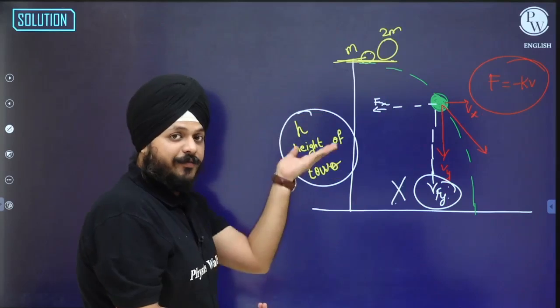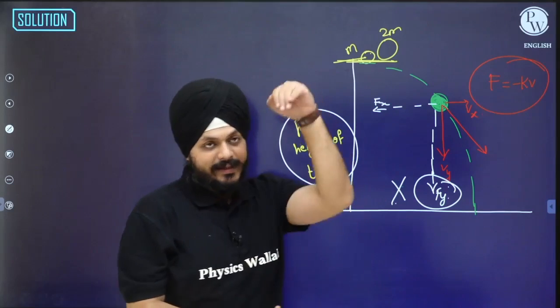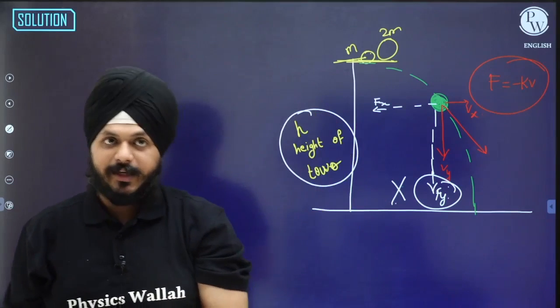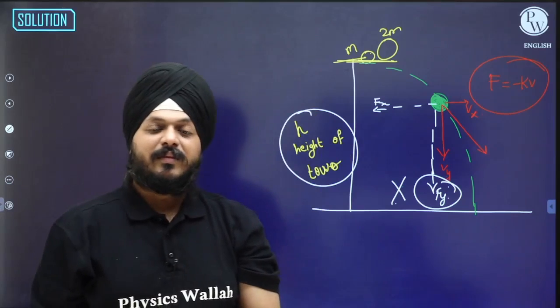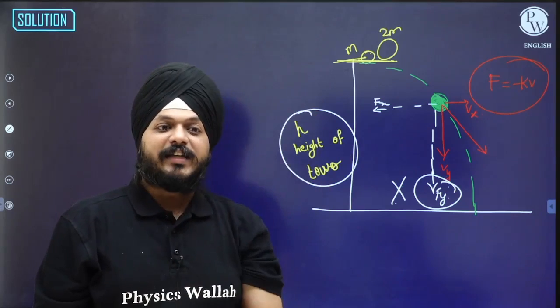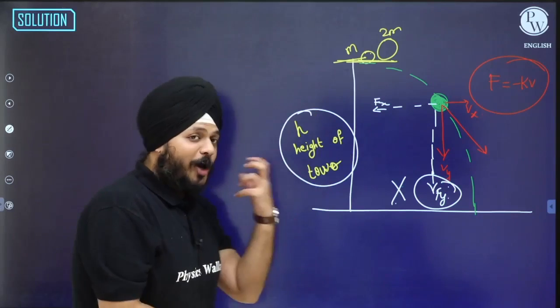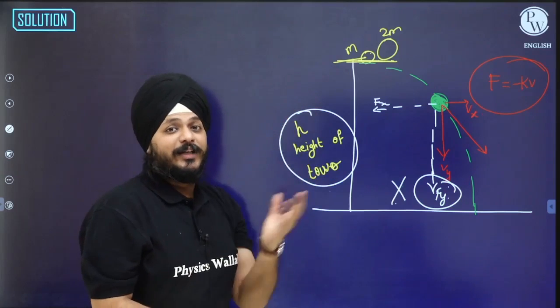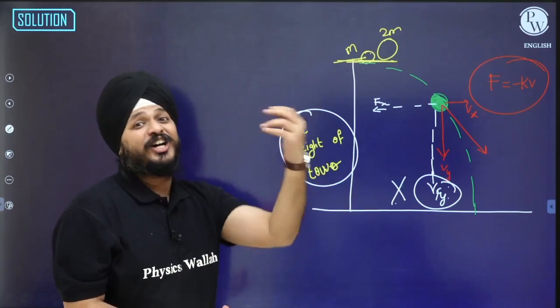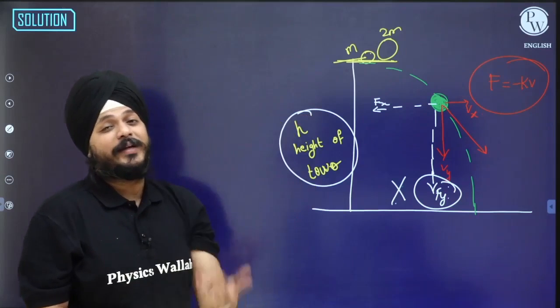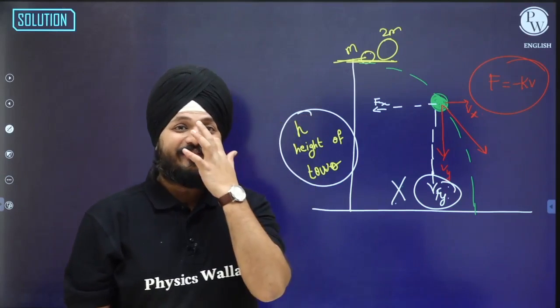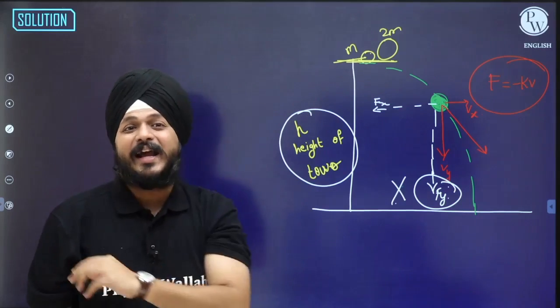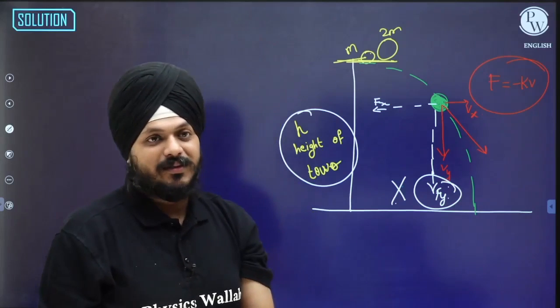If h is less, there is a possibility that the drag force is acting in the downward direction. But what would happen if the value of h is quite large? As I said, there are chances for the particle to attain terminal velocity, and we don't want that kind of exception in our concept.